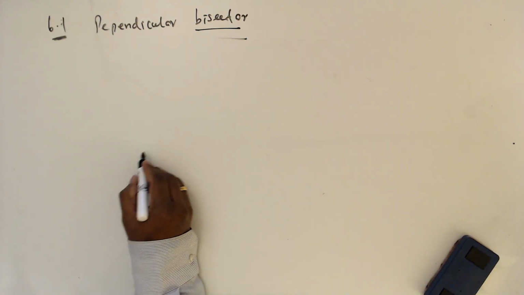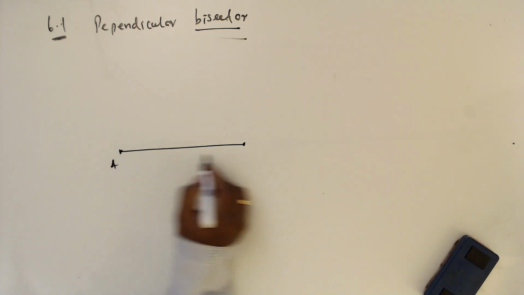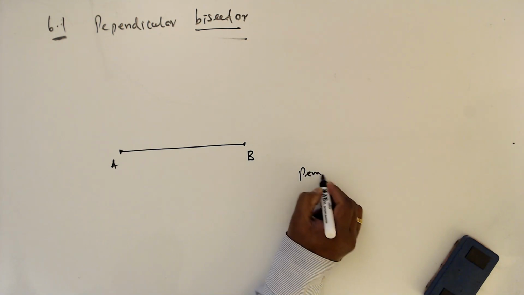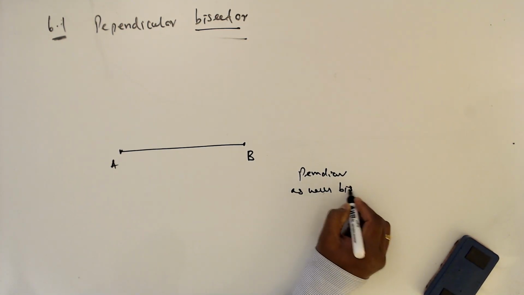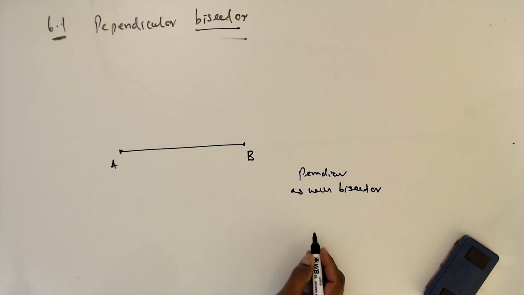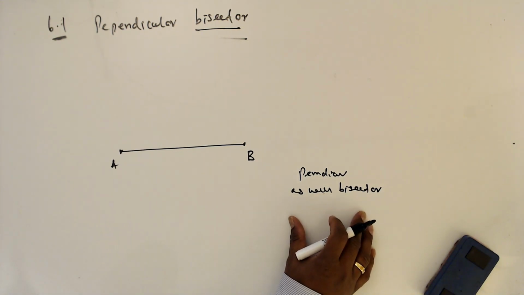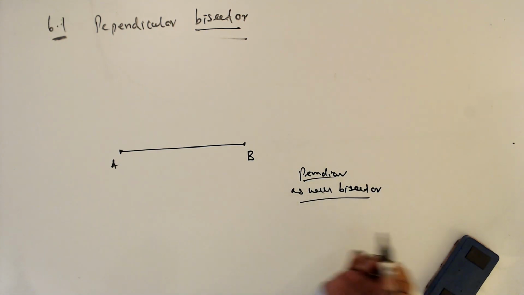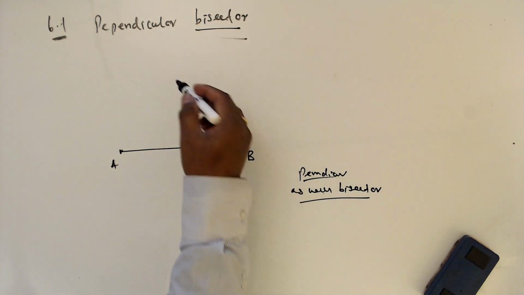How do you draw this? This is a line segment. How do you do a perpendicular as well as bisector to this line? How do you do the construction? Perpendicular as well as bisecting the line segment AB. I think you did it in GCSE.